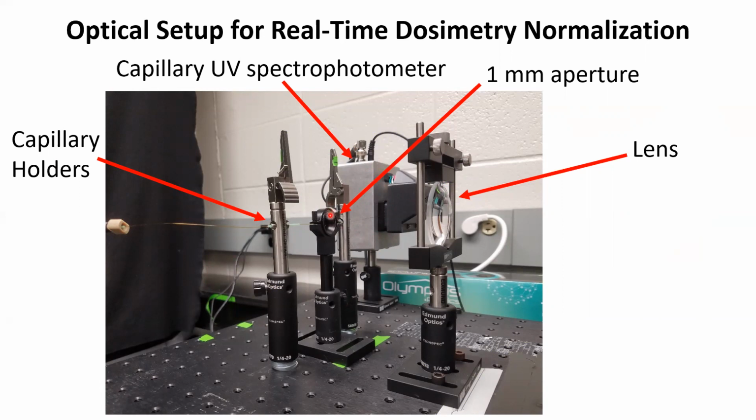But you'll notice we have one other element here, this aperture. What does the aperture do? Well, think back to our previous slide, when I told you about how we actually compensate to make more radicals. I told you that you can increase the fluence of your UV laser.